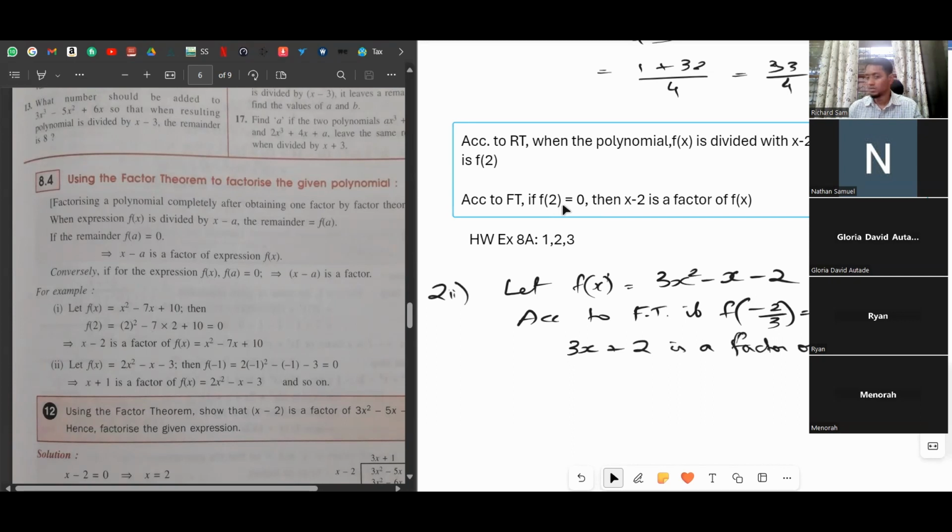You have to get 0, no? 3x plus 2 is a factor. So f of minus 2 upon 3 should be 0.